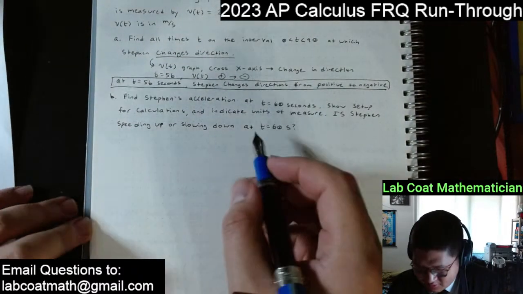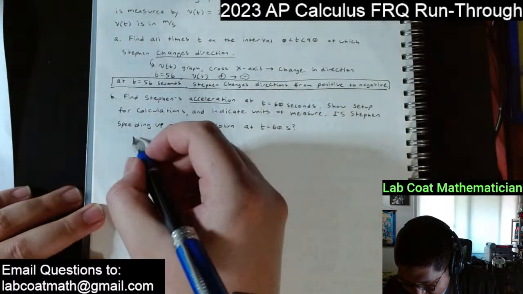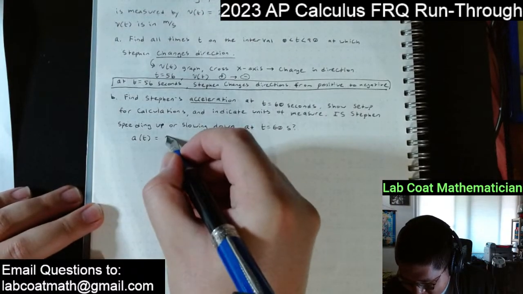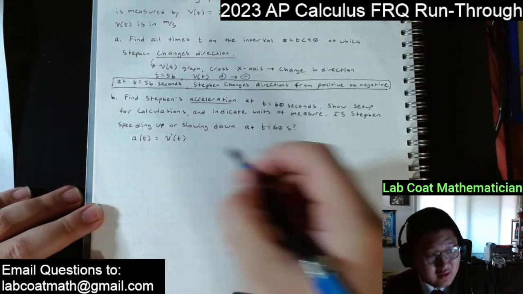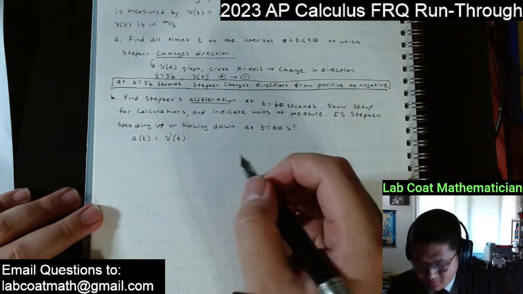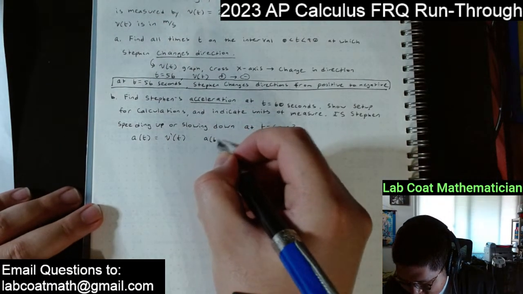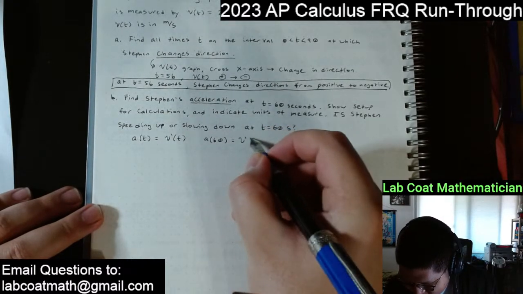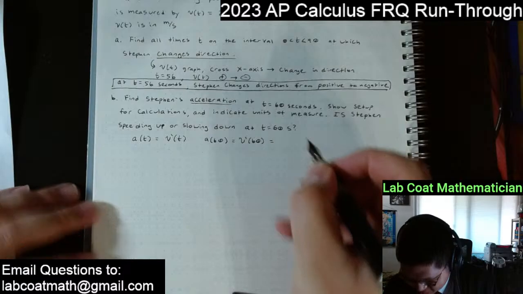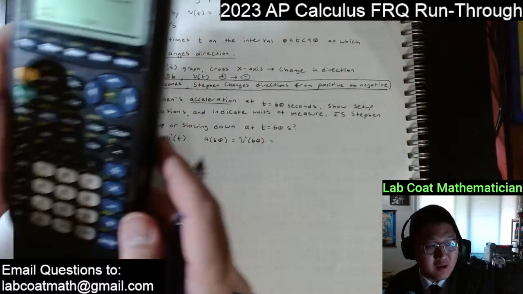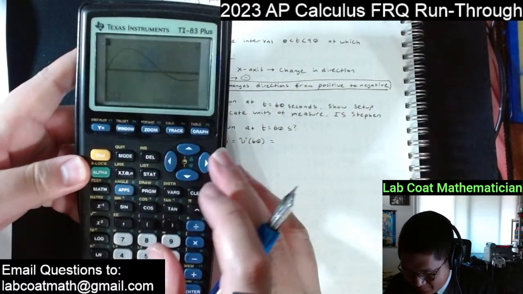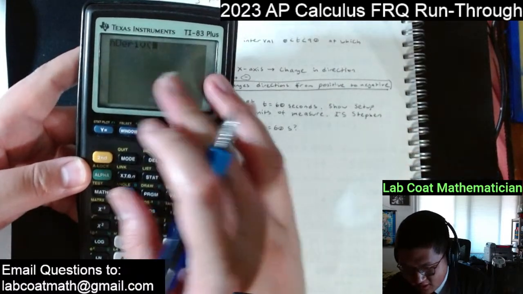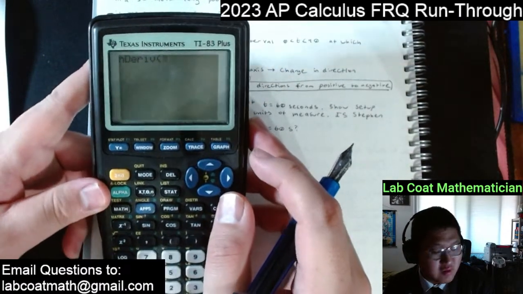So acceleration, of course, if you want the acceleration of any sort of function, that's going to be the velocity's derivative with respect to time. Okay. So because of that, for the acceleration at 60, we have to take the derivative at 60 seconds. We can do that straight away from our calculator. So going back, we can use the math function to go to the function derivative operation right there.